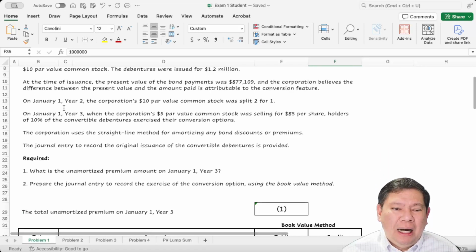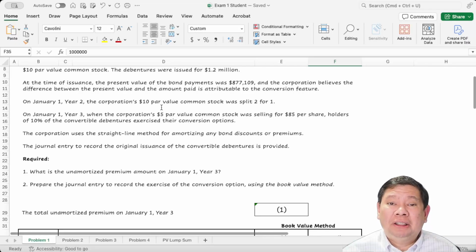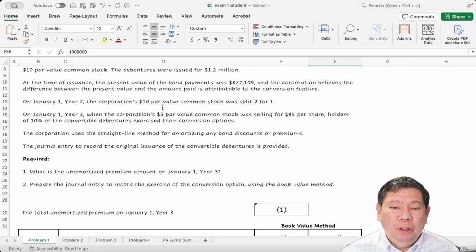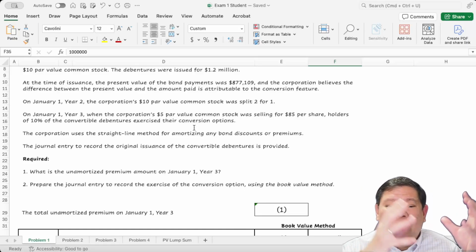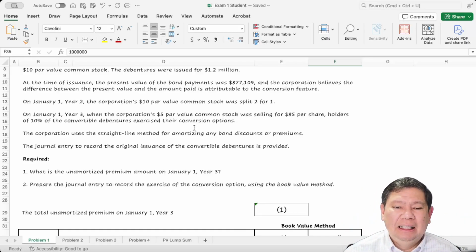On January 1, year 2, the corporation's $10 par value common stock was split 2 for 1. And on January 1st, year 3, when the corporation's $5 par value stock, remember after the stock split $10 becomes $5, was selling for $85 per share.